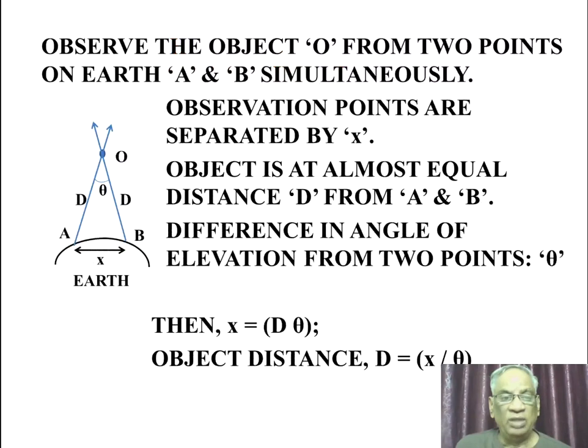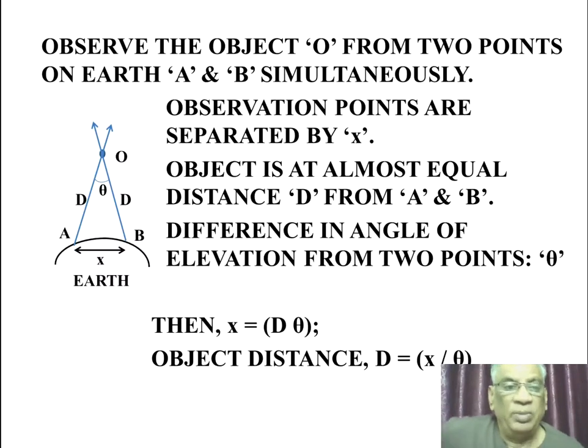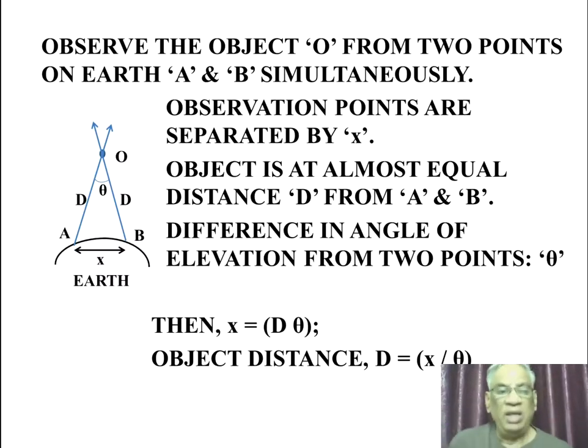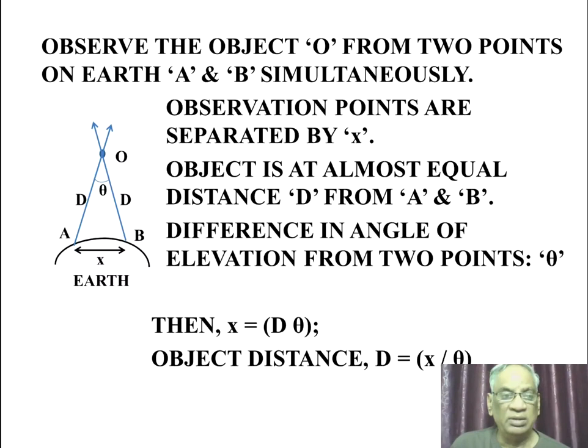Here, because the body is very far, you can consider it as a point. At the point O is the celestial body, and A and B are two observation points on the Earth separated by a distance x. Capital D is the distance between the celestial body and the Earth's surface.